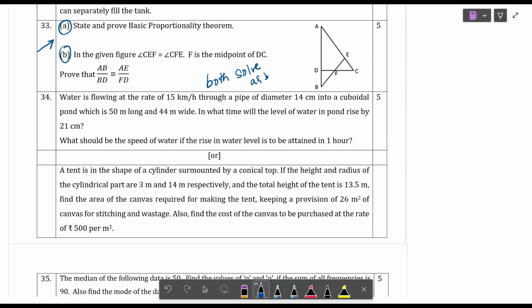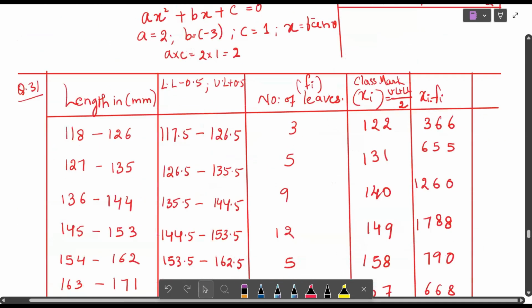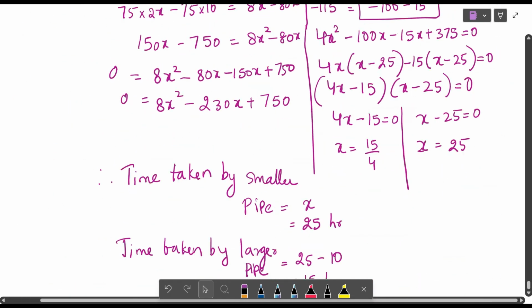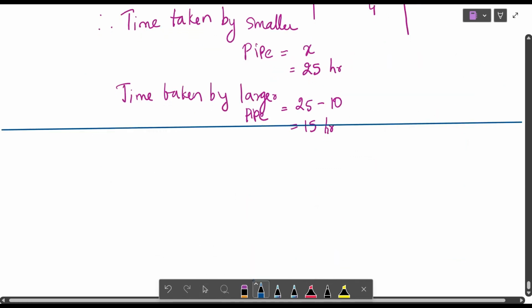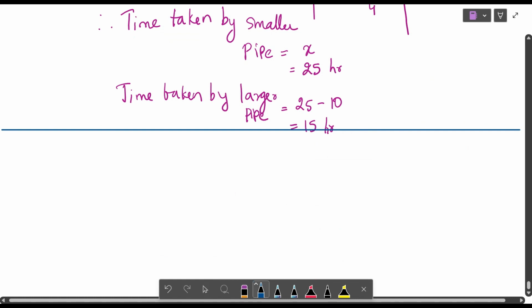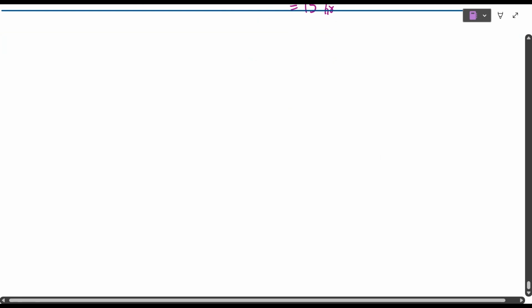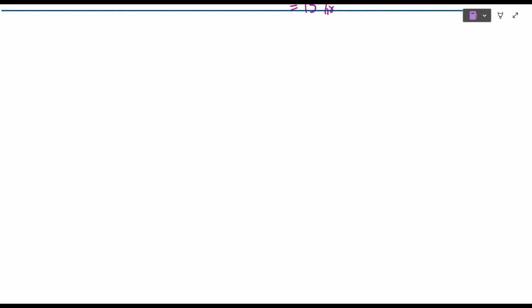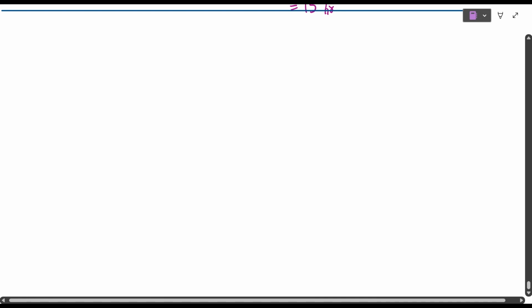Now I am going to do first: state and prove the basic proportionality theorem. The question is basic proportionality theorem.